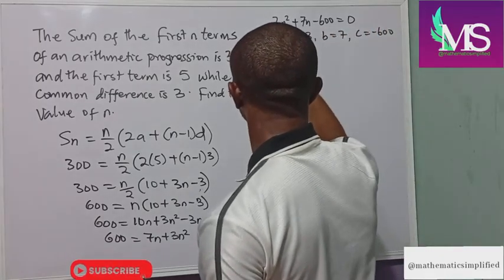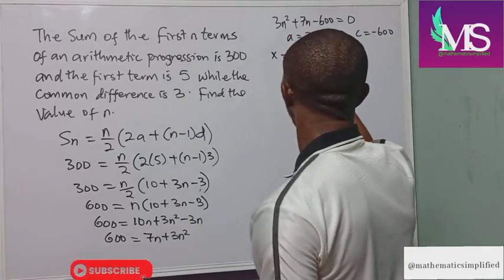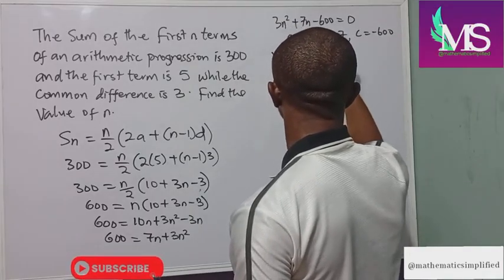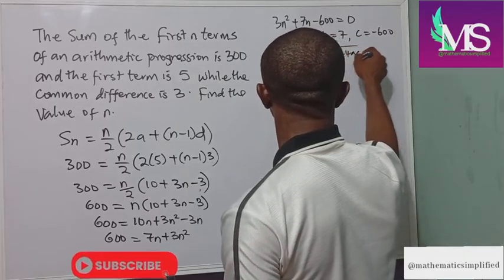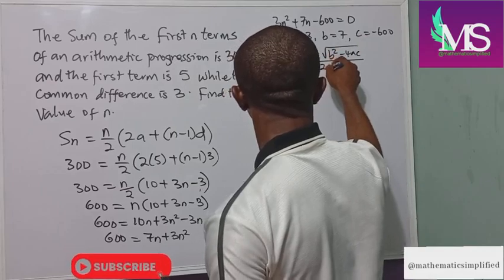So using the quadratic formula, x equals minus b plus or minus the square root of b squared minus 4ac, all over 2a.